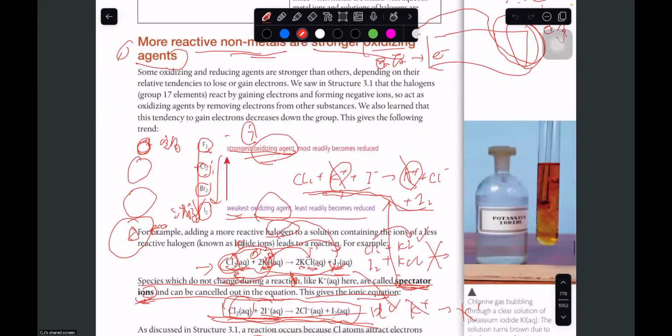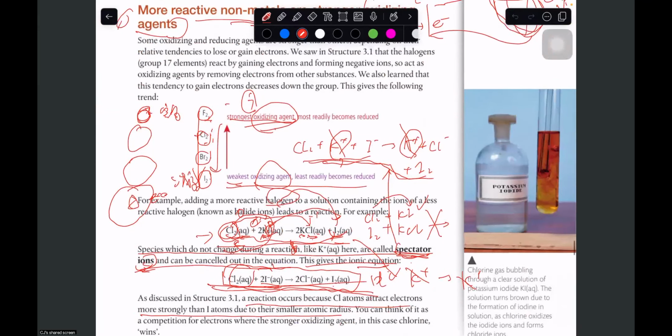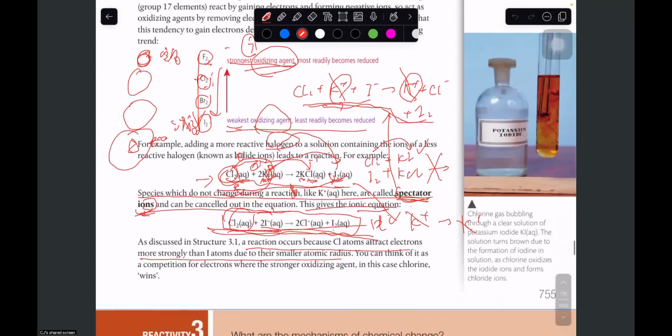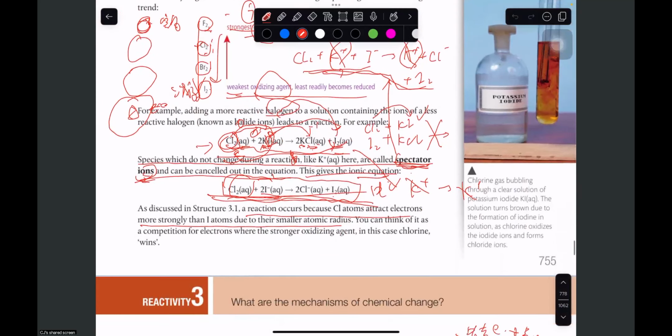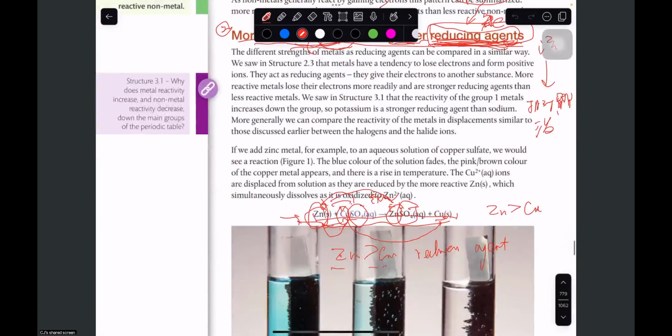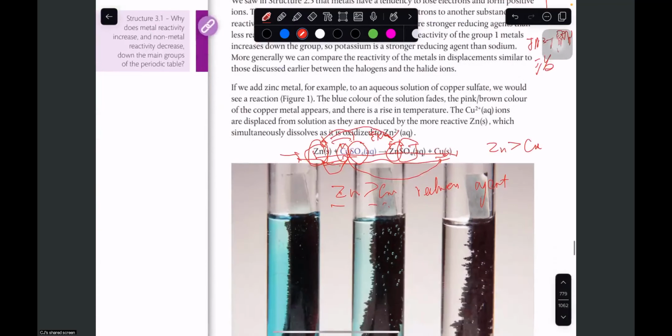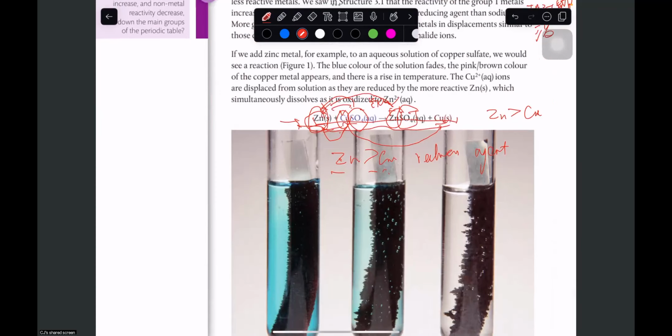In the list, the metals have the highest ability to oxidize, so they lose electrons most easily, right? The metal. And second, we have learned that the more reactive metals can reduce the less reactive metals, right? Like zinc can replace copper.